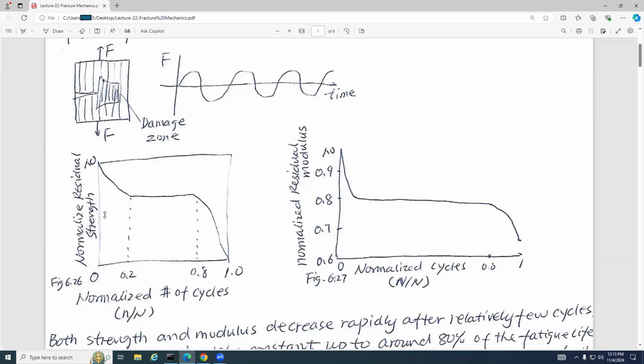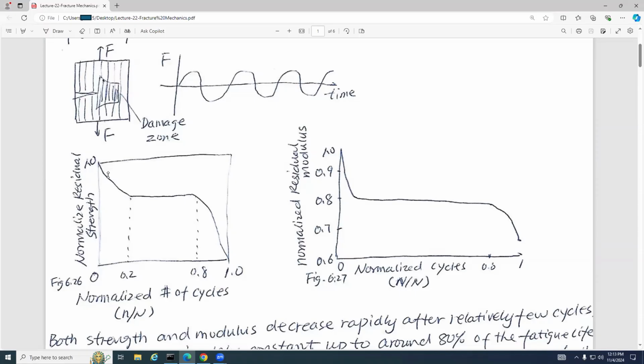At the very beginning the residual strength is very, very high, so we use that one to divide all the instantaneous strength as the time goes. At the very beginning, the normalized residual strength equals 1.